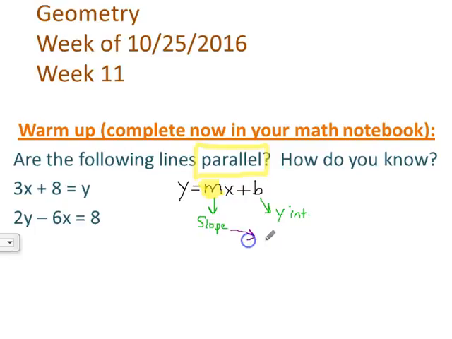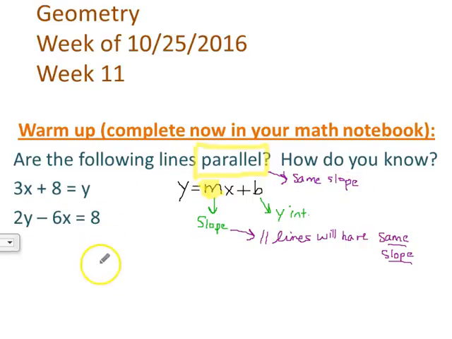So parallel lines will have the same slope. Same slope. So that means that looking at these two equations, we need to figure out what the slope of these two equations are and then compare those slopes.